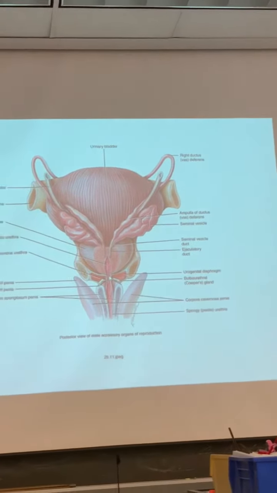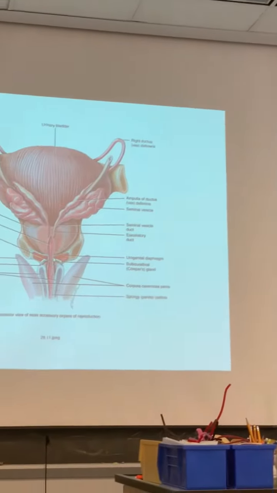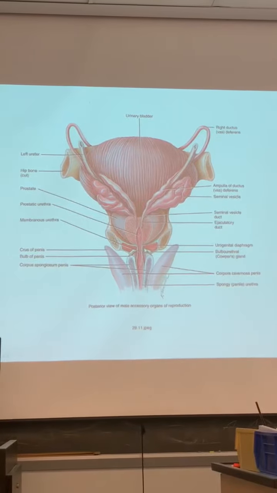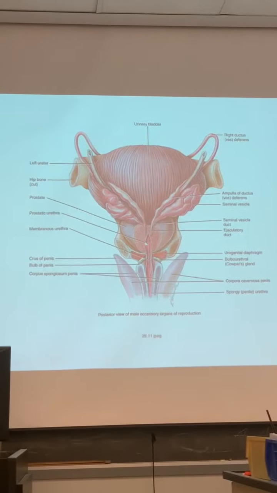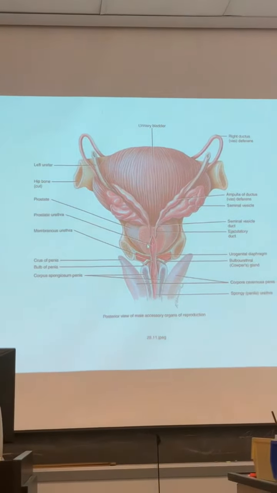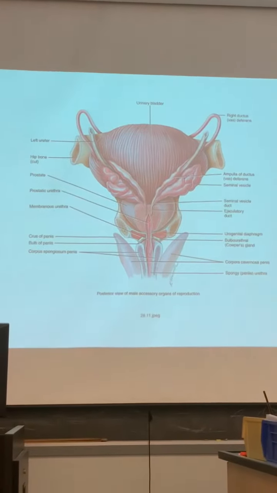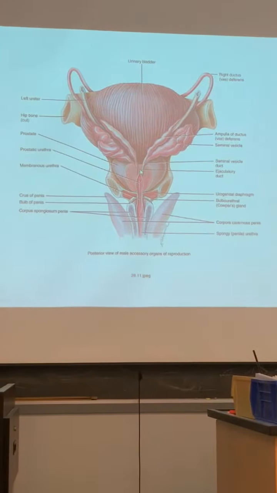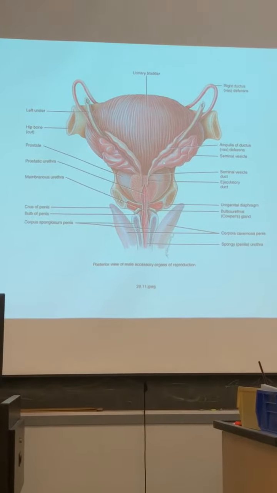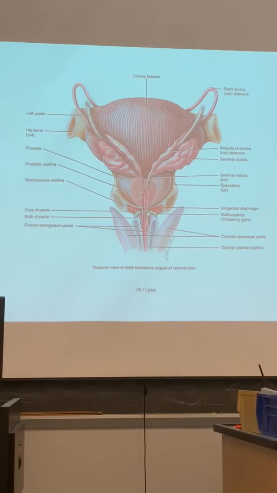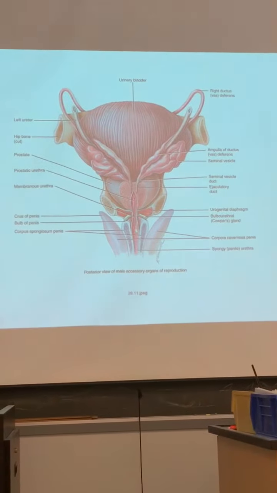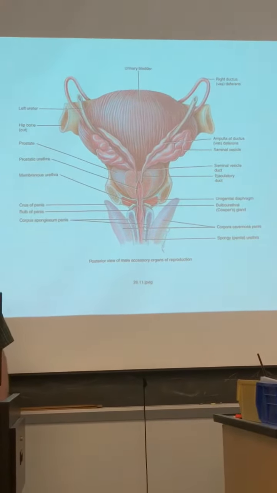So during orgasm, what's going to happen is this external urethral sphincter will relax, and then the other pelvic floor muscles will contract rhythmically. And that will squeeze the ampulla and the seminal vesicle, and it will squeeze the prostate and force all that fluid out, first through the membranous urethra, which passes through the diaphragm, and then into the spongy urethra, which passes into the penis.